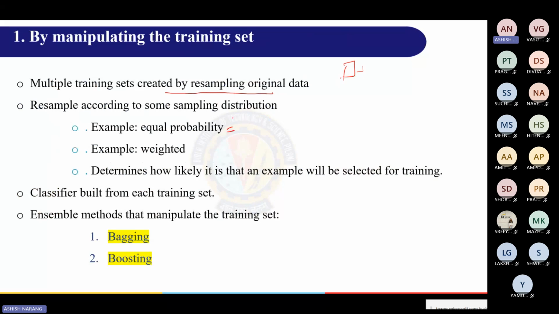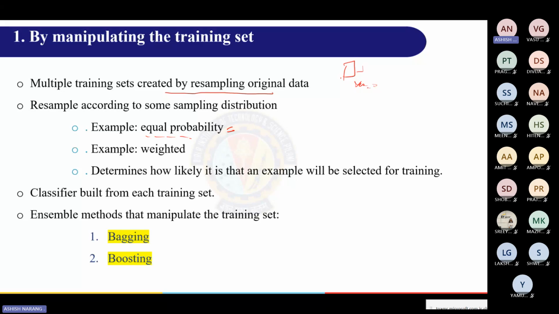When I say equal probability, I have some classes for prediction, maybe class A, B, C, so each data set should have data points with equal probability belonging to class A, B, C. Second, I can go with the weighted one. Third, it determines how likely it is that an example will be selected for training.